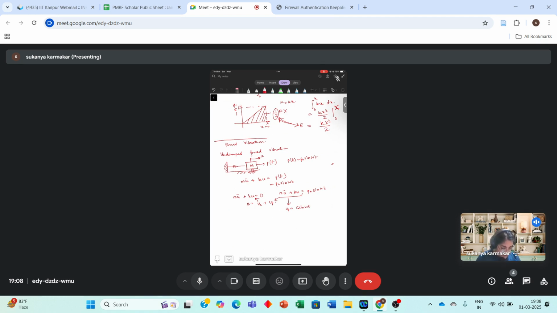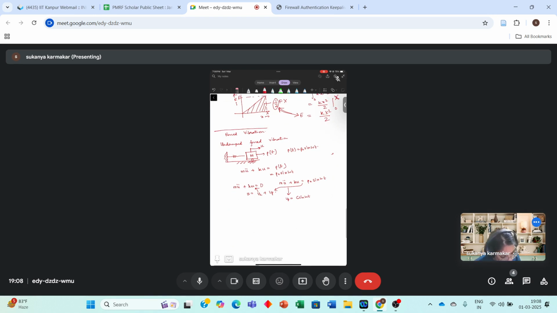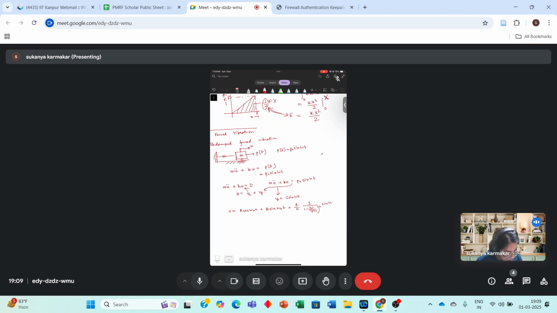Your solution will be of the format u is equal to, your u complementary, a cos of omega n t plus b sine of omega n t, plus the particular solution, p naught by k, 1 by 1 minus omega by omega n whole square, sine of omega t.